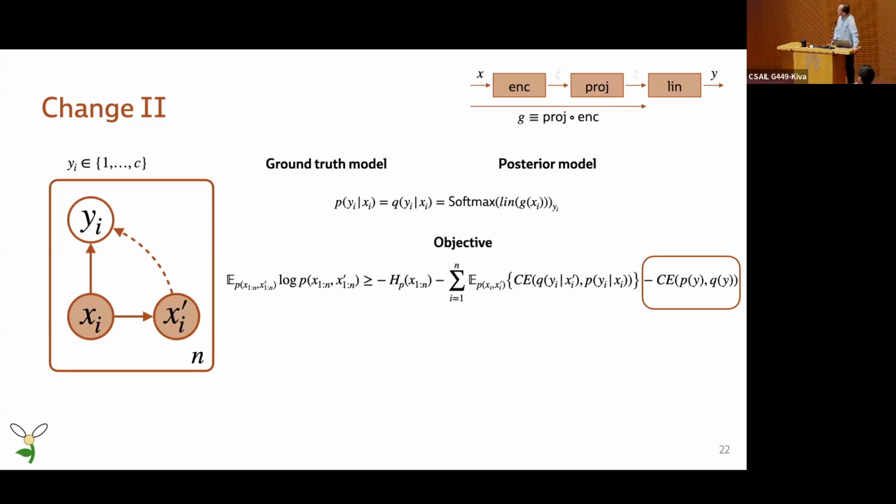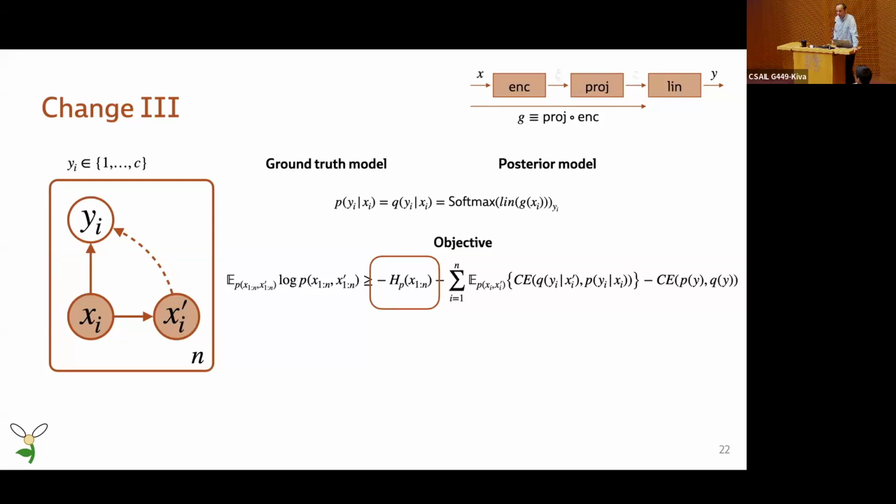For instance, we can use a cross entropy objective that forces these two distributions to be close to each other, where one is a uniform prior over y, and q(y) is just the marginal, essentially we average our classifier over all the outputs of the classifier. We are going to see later why this avoids the trivial solutions.